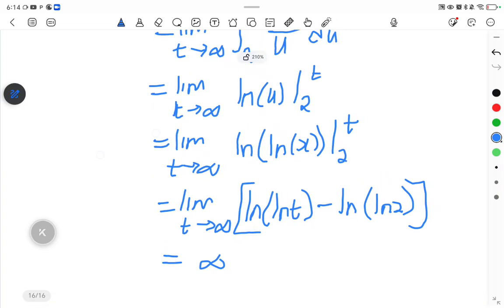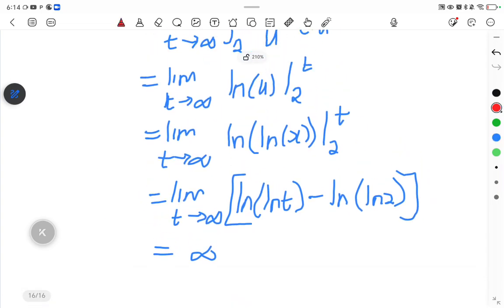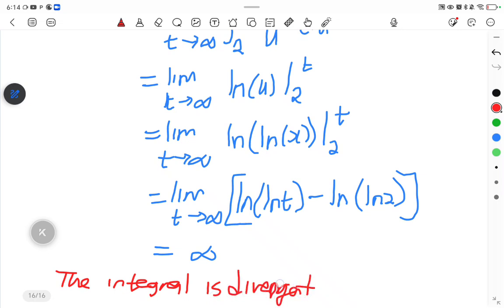So now my conclusion is that the integral is divergent. You see right?